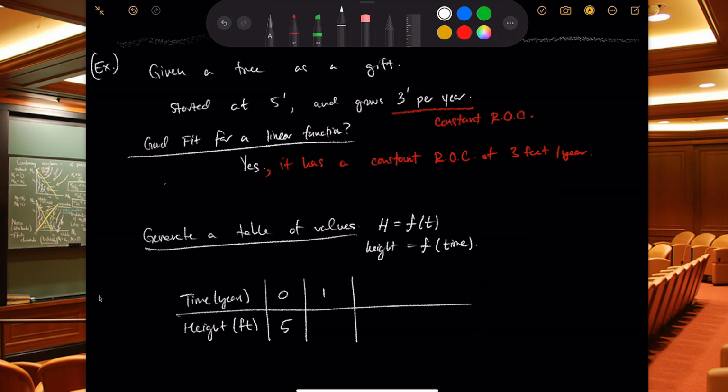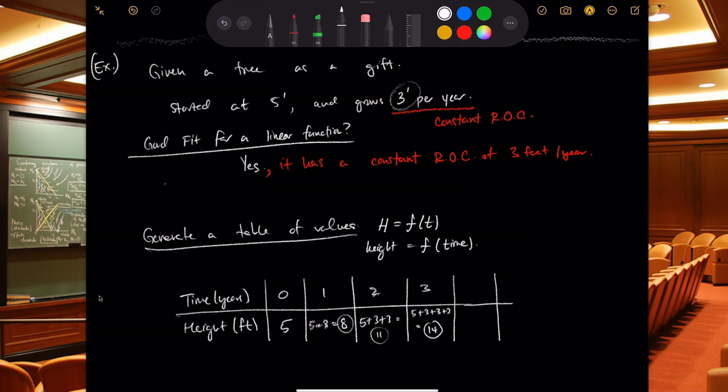After 1 year, we've gone another 3 feet, so it's 5 plus 3 equals 8 feet. After 2 years, we've gone 5 plus 3 plus 3, which is 11 feet. After 3 years, start at 5, added 3 for the first year, 3 for the second, 3 for the third year. So that's 9 plus 5 is 14 feet.